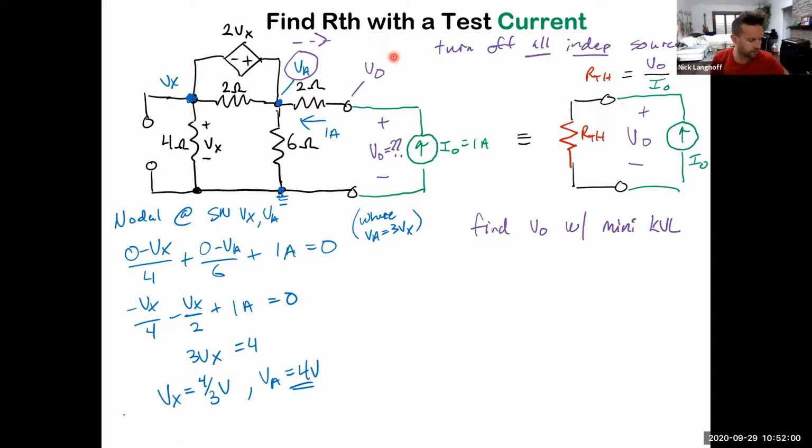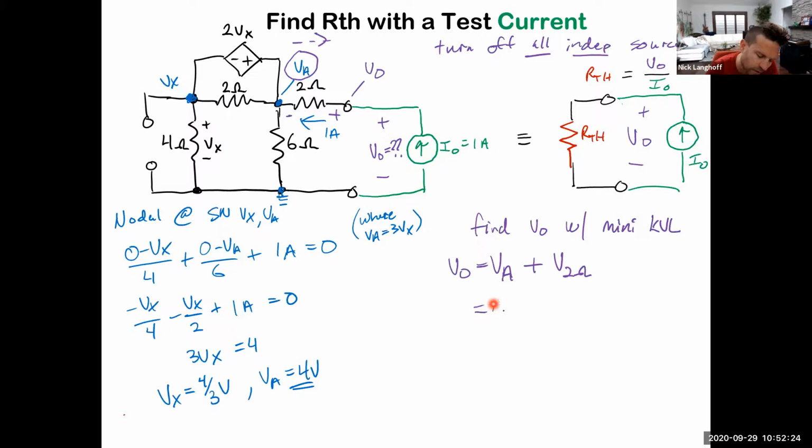So V out is equal to the voltage at VA, plus the drop across the 2 ohm. Why is it plus? It's plus because the 1 amp we injected was flowing towards the left. So as we walk from VA to V out, we're moving against the current, we're gaining in voltage.